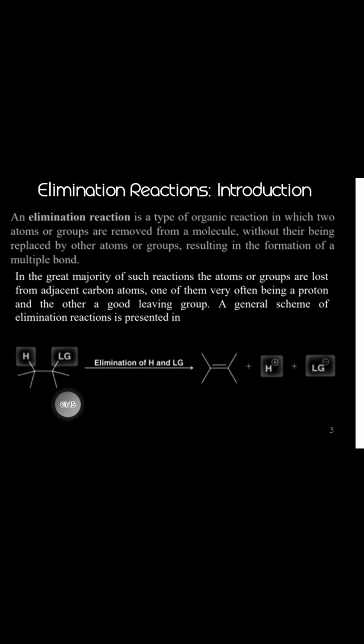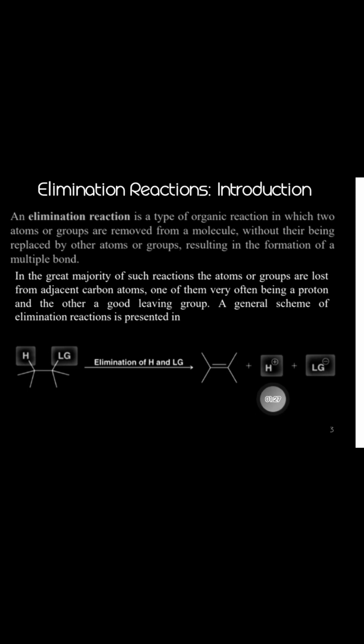For example, here you can see the leaving group and a proton are removed while making a double bonded alkene. Hence, this is an example of an elimination reaction. And also concentrate on what changes happen here.